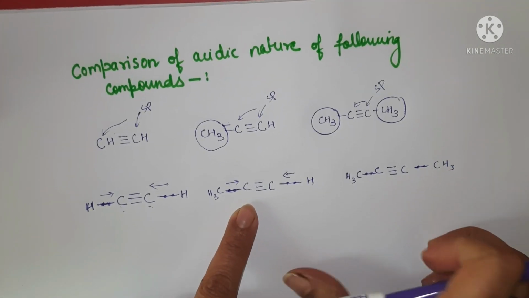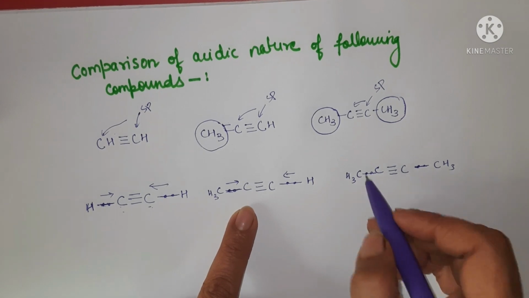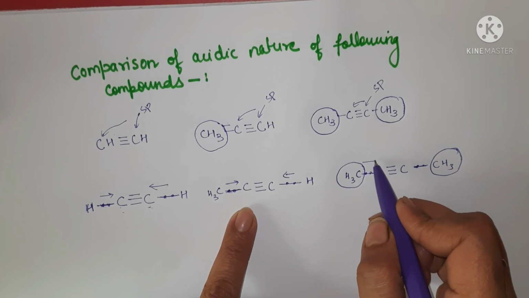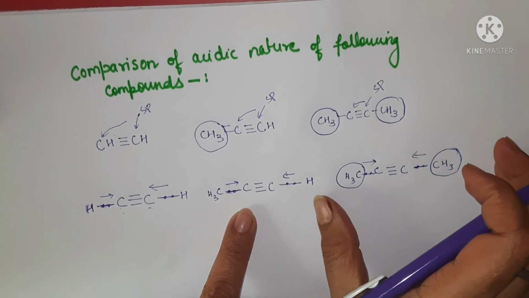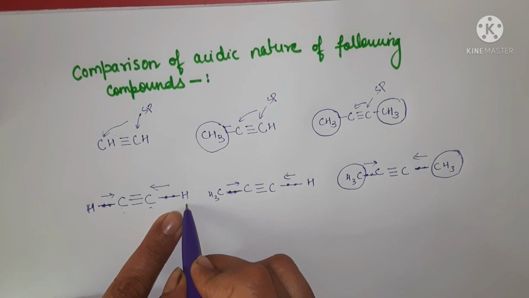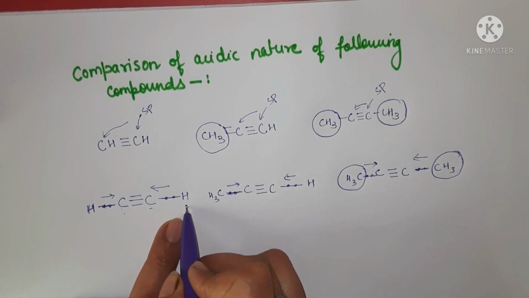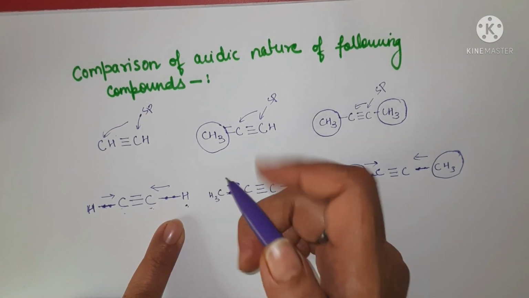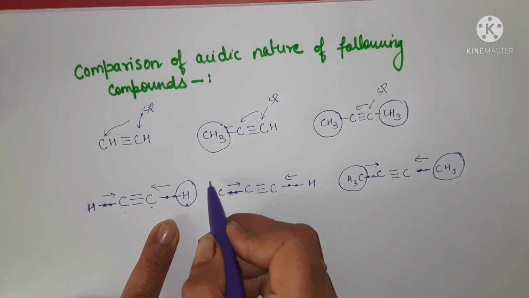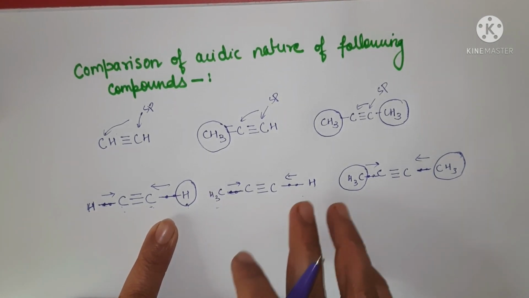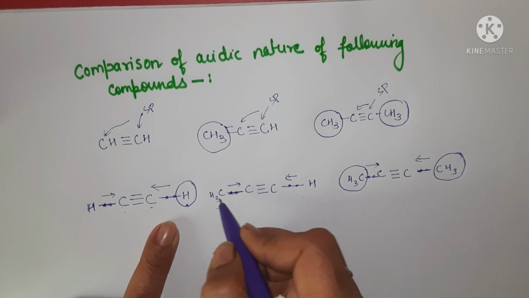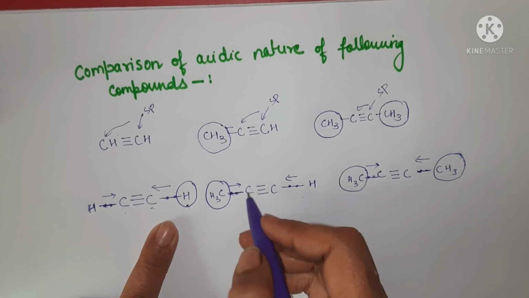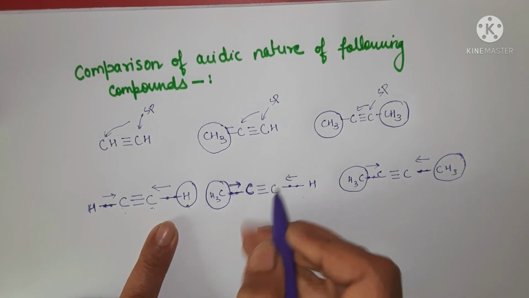You can compare here that the methyl group is a group which is donating, or releasing, its electrons more easily as compared to hydrogen. So the release of hydrogen is easier from this group as compared to the group having an alkyl group around the triple bond, because this CH3 is satisfying this carbon by donating more and more electrons.